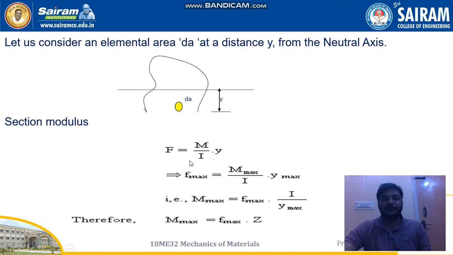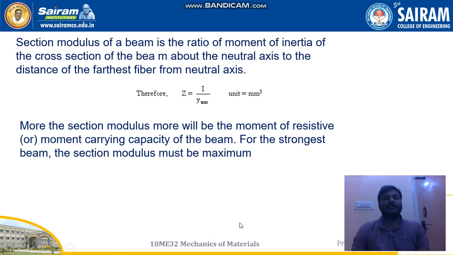When you find F max, cross multiplying, M max by I into y max, so for the section modulus, M max will be equal to F max into Z.